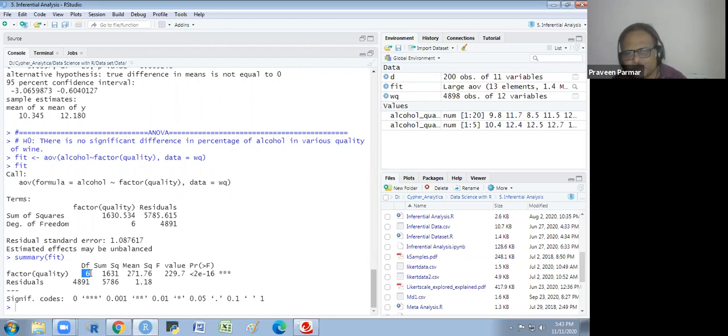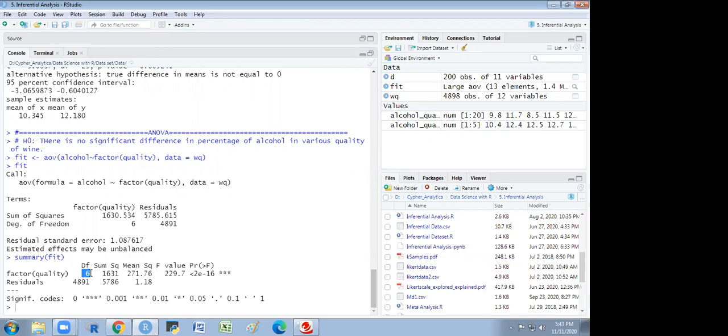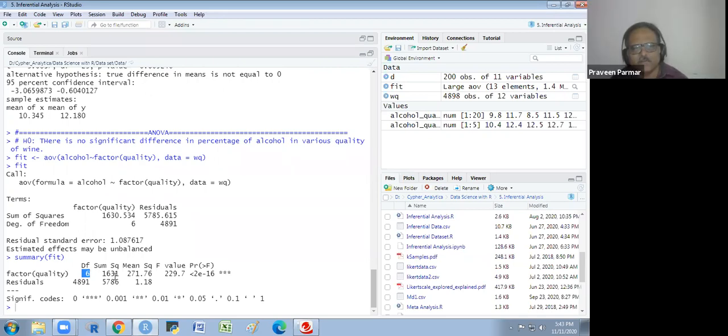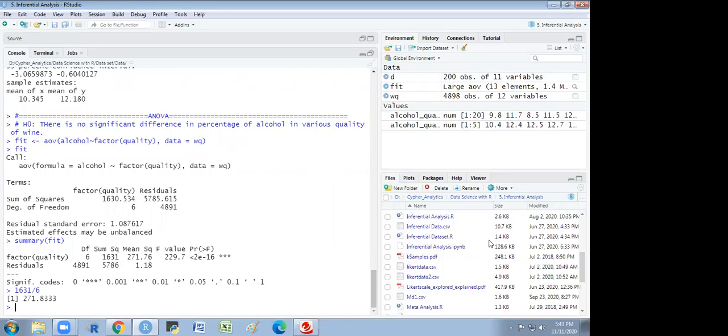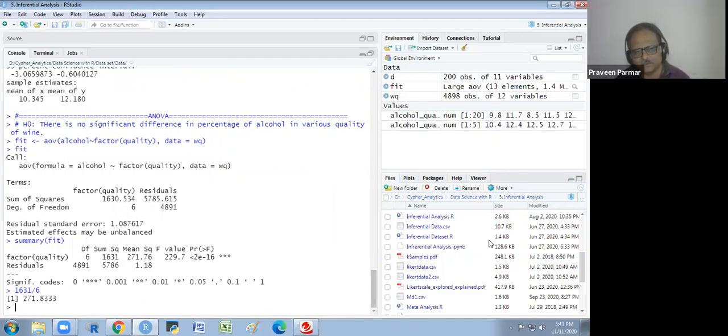So it is n minus 1: 7 minus 1 is 6 degrees of freedom for quality. Then the sum of squares, and then the mean square. We divide 1631 by 6, and you get 271.76. Maybe somewhere the decimal places cause the small difference up and down.